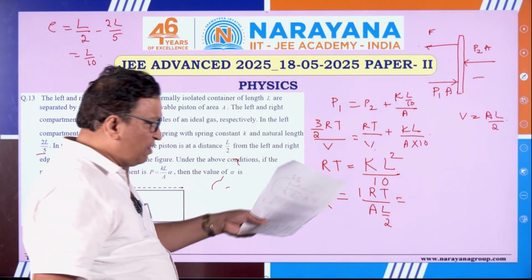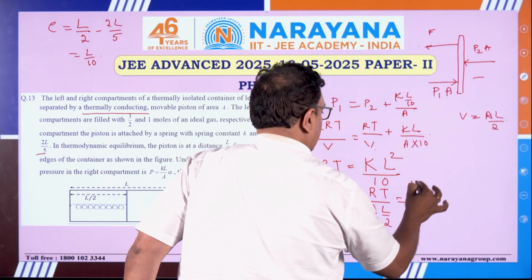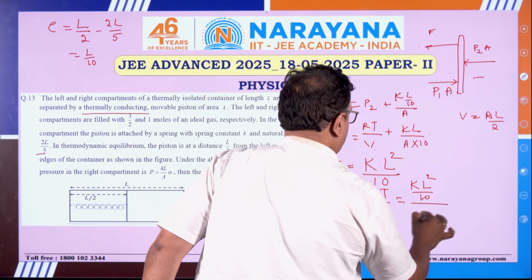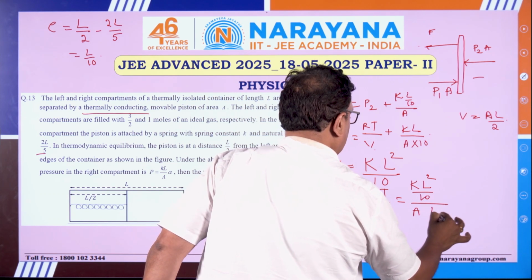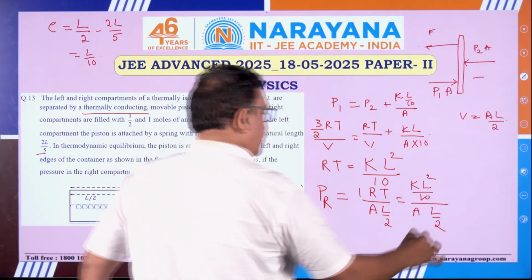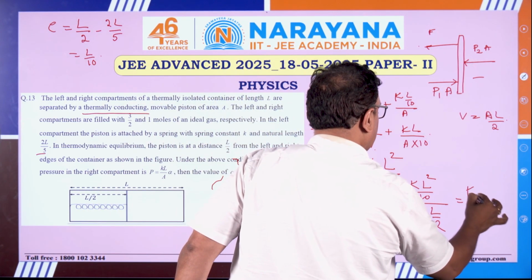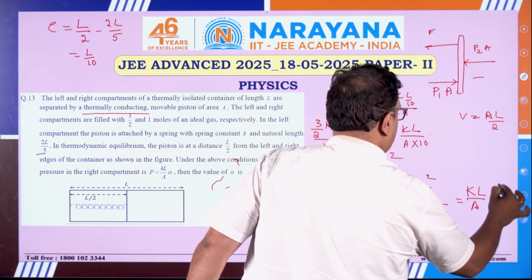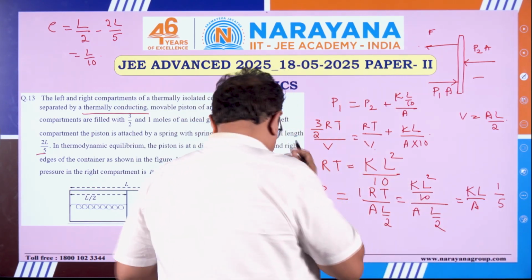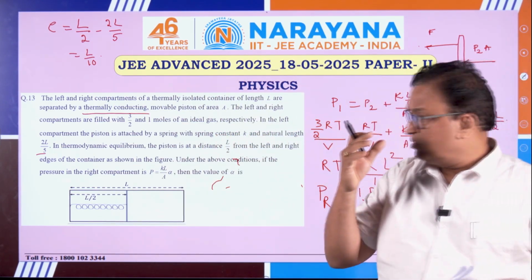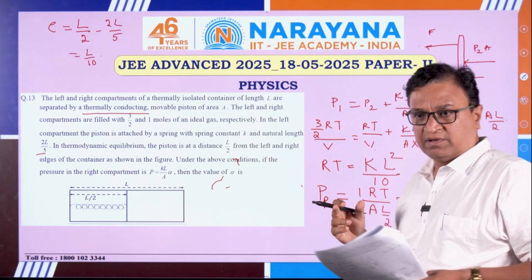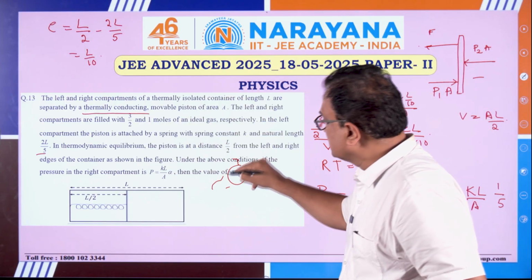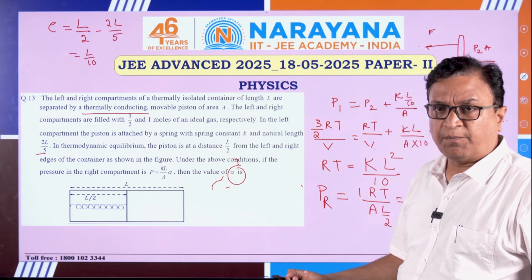Just now I have derived RT, which is K L square by 10 divided by A into L by 2. So finally this can be written as K into L by A times 1 by 5. In the place of alpha you have 1 by 5, right? So therefore the value of alpha is 1 by 5.